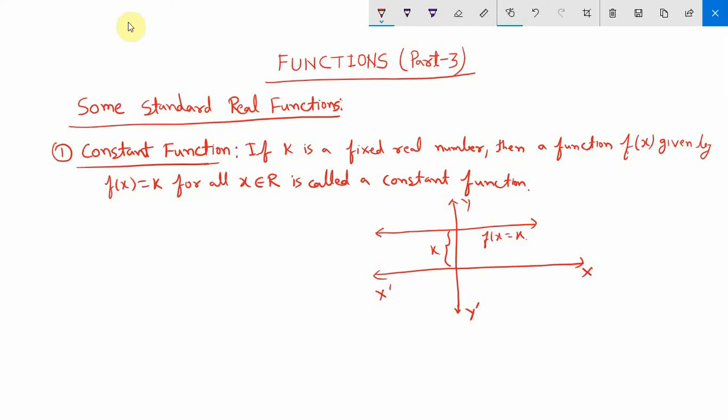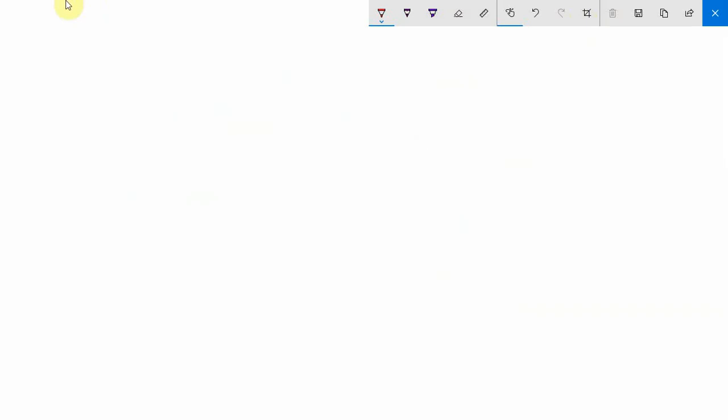So next function we will discuss is identity function. So let me clear this. Second one is identity function. So what is the identity function? See, the function which associates each real number to itself is called identity function.